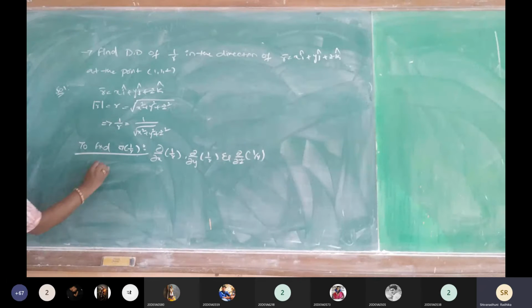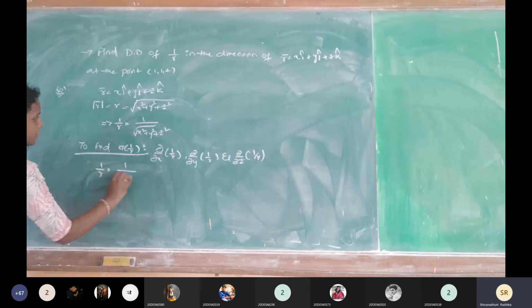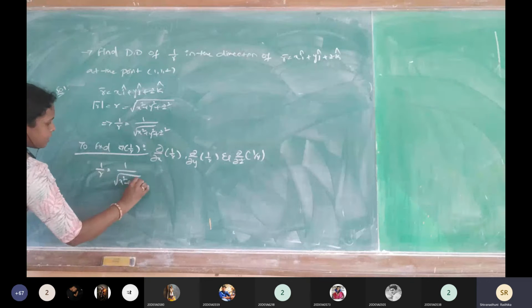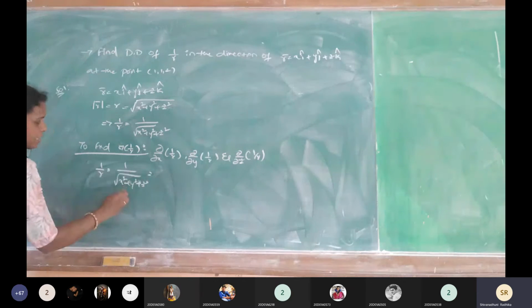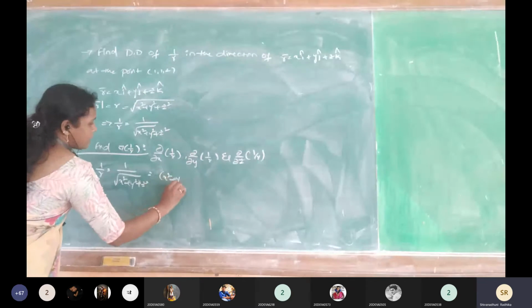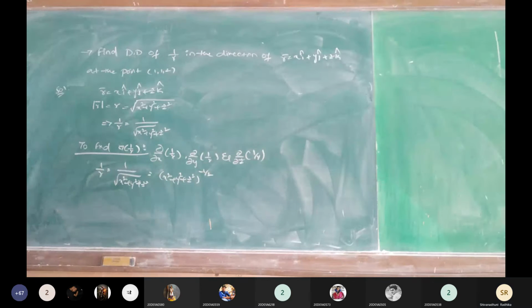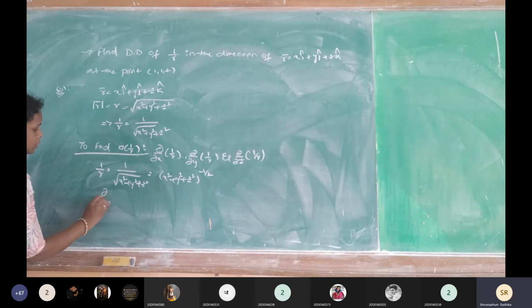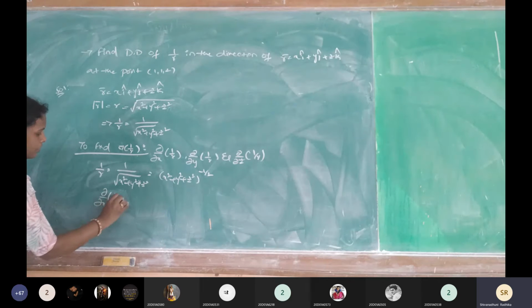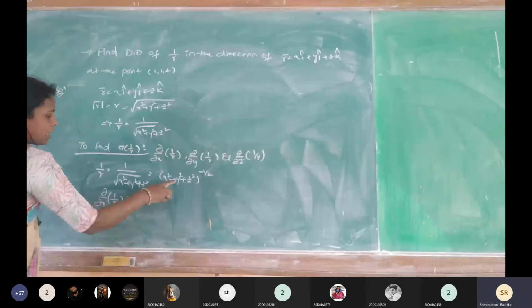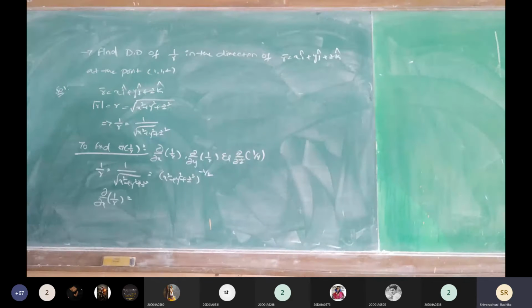Now 1 by r equals 1 by under root of x square plus y square plus z square. So this can be written as x square plus y square plus z square to the power of minus 1 by 2. Is it clear? Any doubt? Now dou by dou x of 1 by r. For x to the power of n, the derivative is n into x to the power of n minus 1.